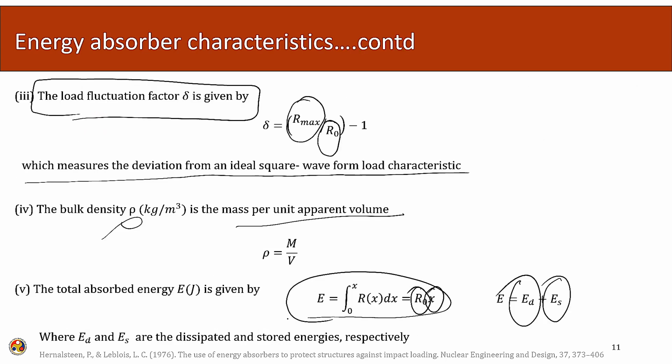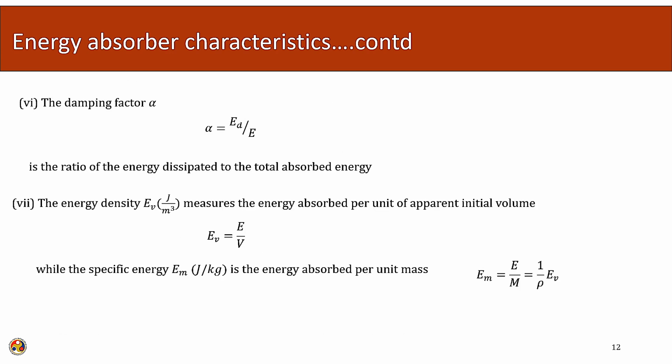The load fluctuation factor is the ratio of R max divided by R naught, the maximum divided by the average loading. Bulk density rho is mass per apparent volume, and total energy absorbed we defined in terms of the average reaction load and the stroke, where E is the combination of the dissipated and the stored energy. These 5 characteristics we have defined, and we will use these quantities to measure the efficiency of an energy absorber.